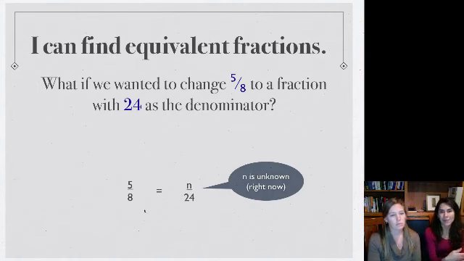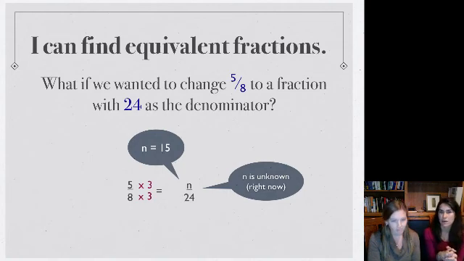Well, I know that 8 times 3 equals 24, and we've been really specifying over and over again that whatever you do to the denominator, we have to do to the numerator. So you have to multiply the numerator by 3 as well. So n should now equal 15 instead of n. So 5/8 is equal to 15/24.